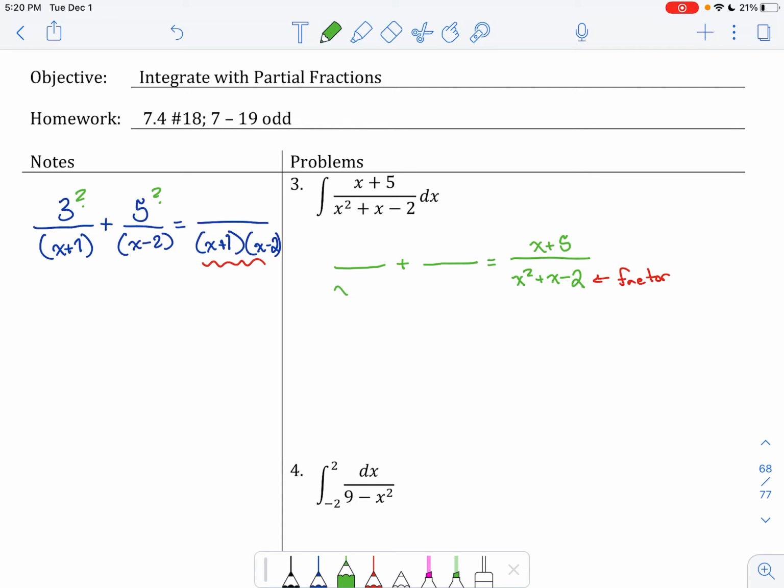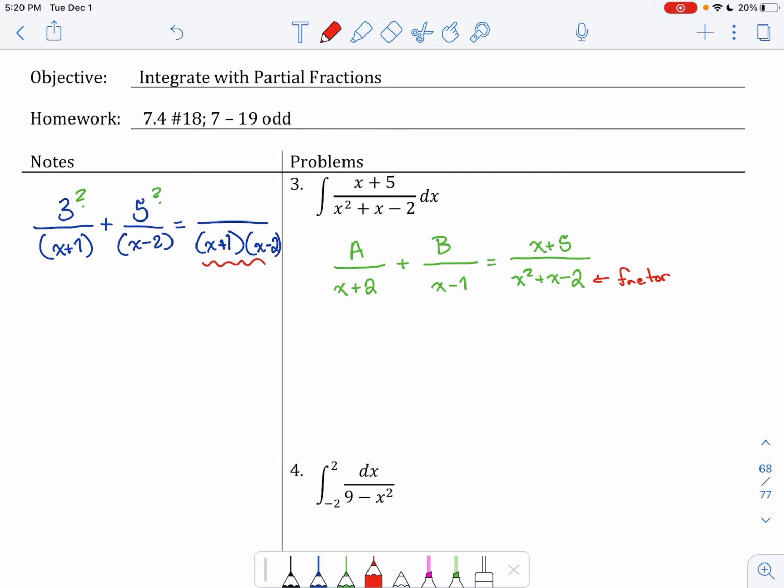In this case, that would be x plus 2 and x minus 1. Those are the factors of this denominator. If there was a third one, we'd have that as well. We don't know what the numerators are going to be, so we're just going to say A and B. Hopefully this feels a little bit familiar from our previous experiences together.